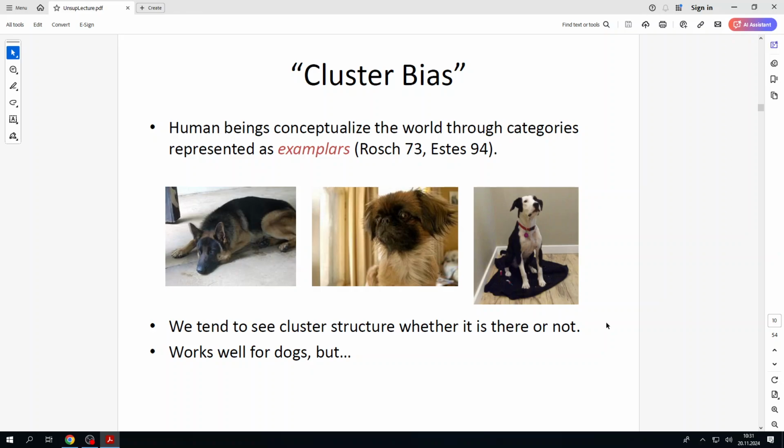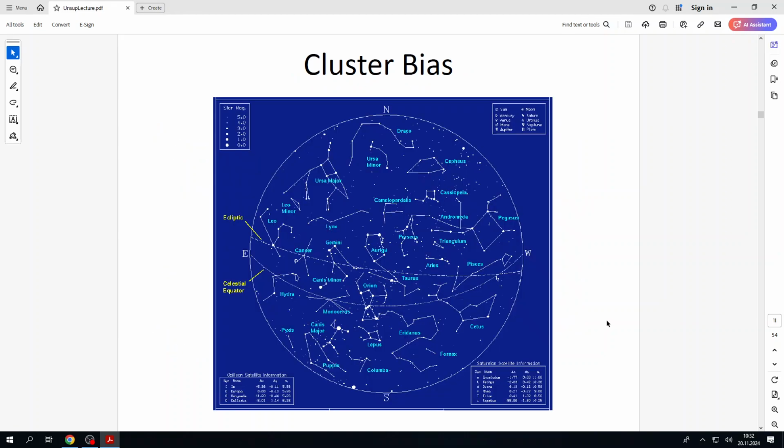So obviously we can group some animals into categories, like dogs into one category, cats into another category, but it's not really the case how it was designed in nature. So the easiest example about that is constellations on the night sky, because nobody was specifically putting all those stars in specific places so that they form these constellations.